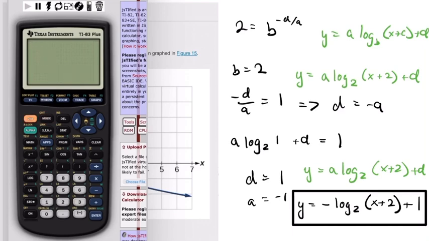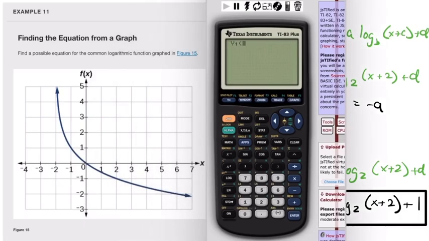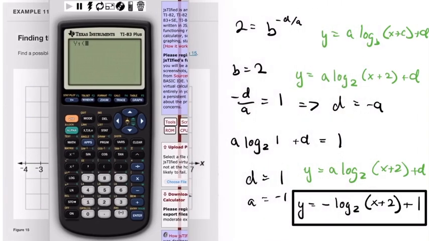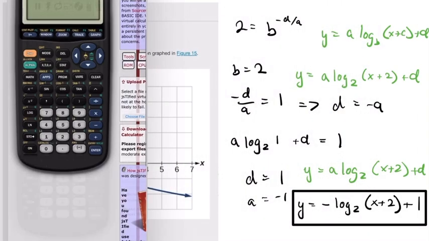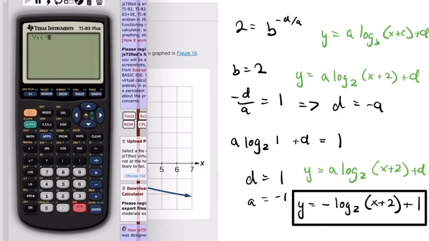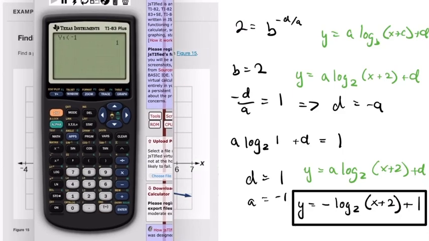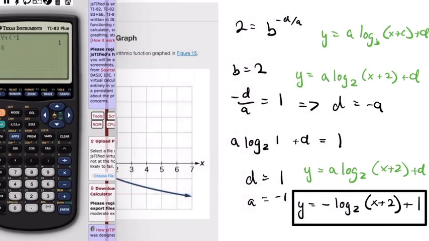Okay. So let me see. I'm going to go to variables, and I want to calculate. For instance, when x is -1, we should get 1. Okay. When x is 0, we should get 0.